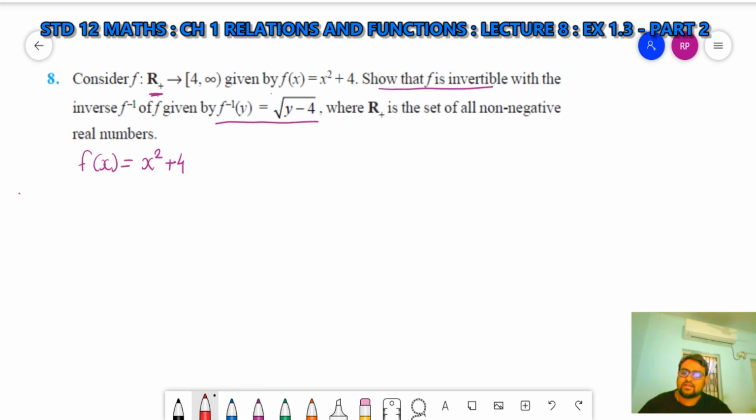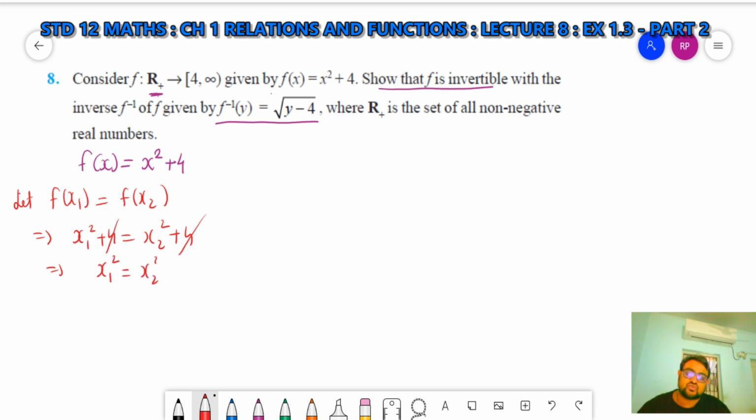Okay, let f of x1 equal f of x2. That means x1 square plus 4 equals x2 square plus 4. 4 gets cancelled. x1 square equals x2 square.